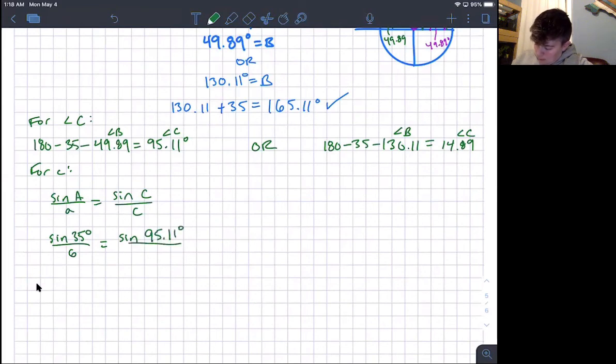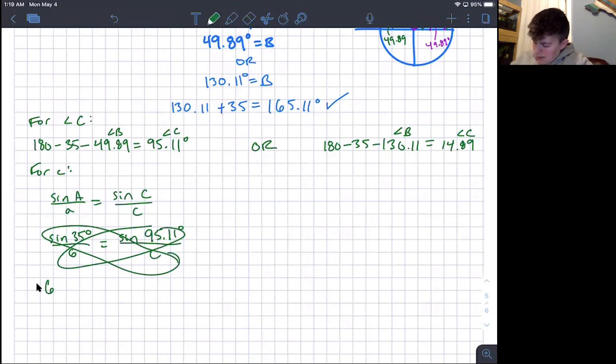over C. Let me do my little cross multiplication. So 6 times the sine, that's quite important, of 95.11 degrees equals C times the sine of 35 degrees.